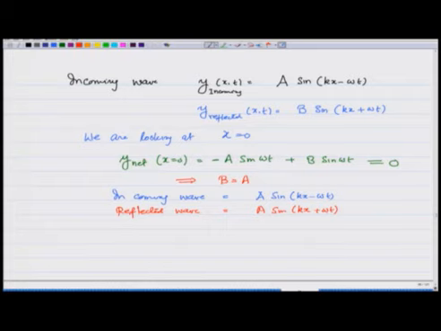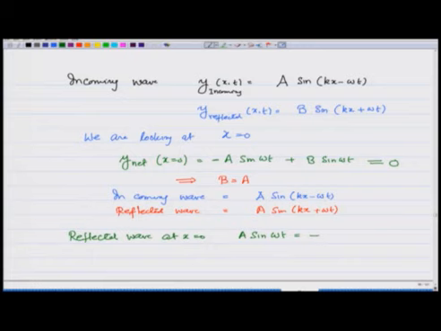Notice that I can write the reflected wave at x equals 0 as A sine of omega t, which is equal to minus of minus A sine of omega t, which is minus of y incoming.